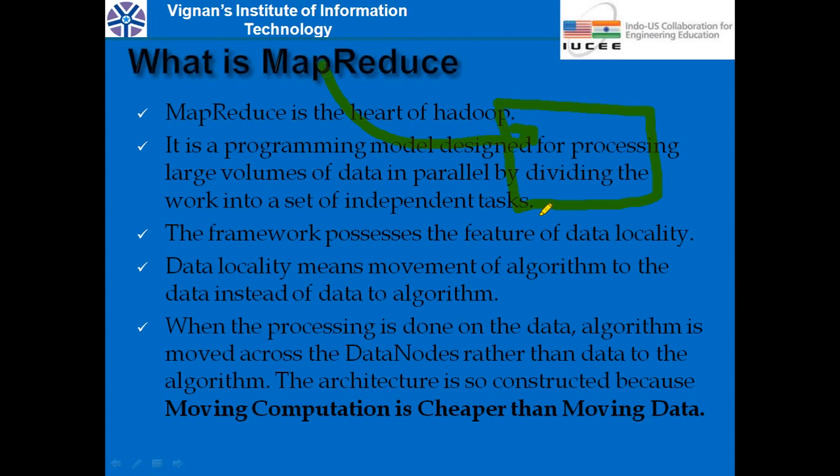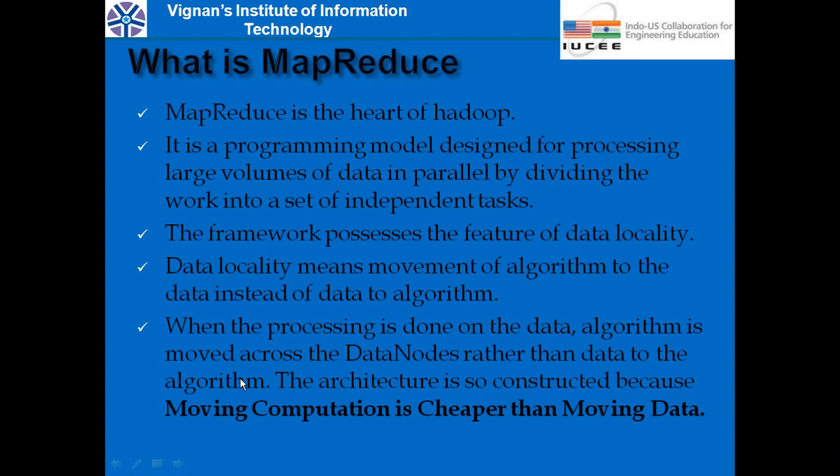Whereas in the older mechanism, we used to do the reverse: we used to move the data to wherever the algorithm is, and then perform the analysis, right? That is what we call data locality.